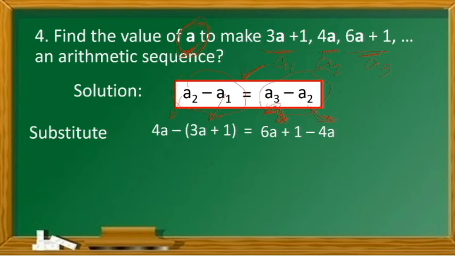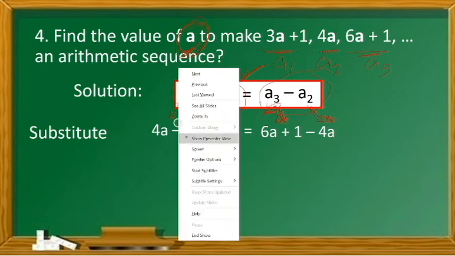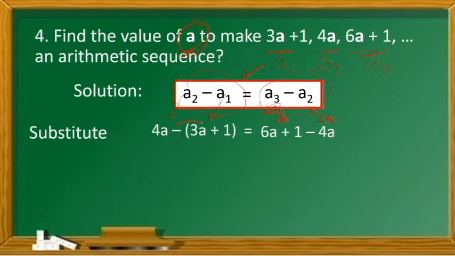Now let's simplify or solve this equation. We simplify the left side, and in this case we will use the distributive property. 4A minus quantity 3A plus 1 is equal to 4A minus 3A minus 1. Negative times positive 3A is negative 3A, and negative times positive 1 is negative 1.